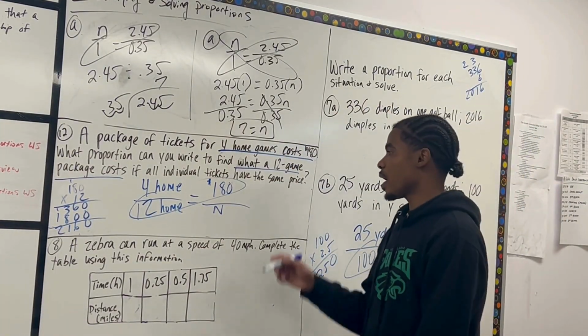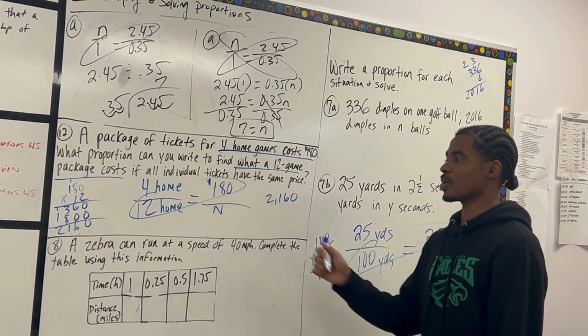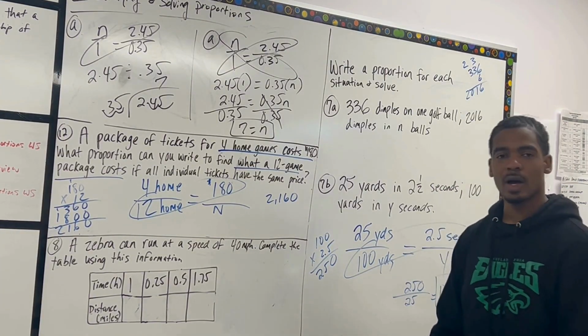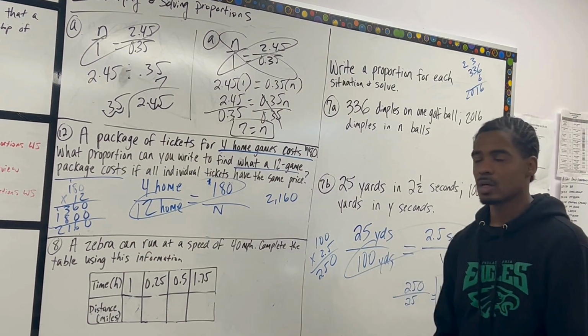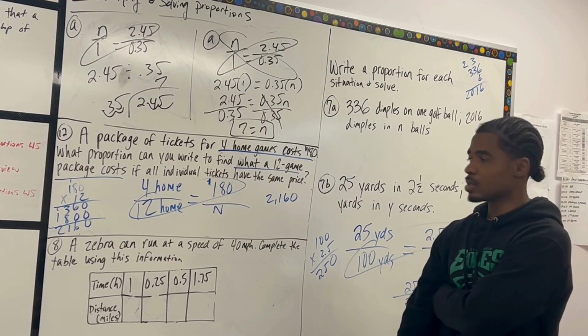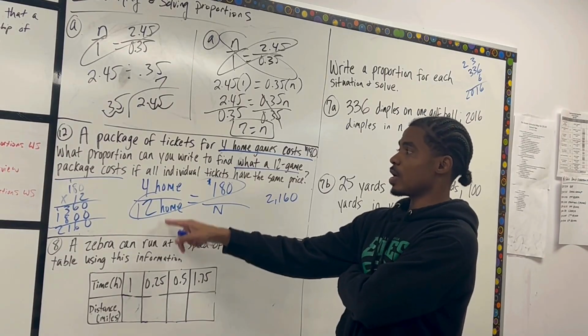Okay. All right. Can somebody tell me what's the next thing I do? If I got 2,160 when I cross multiply, now what do I have to do? Divide by what? Cross multiply 180 and 12. Only other number is a 4.